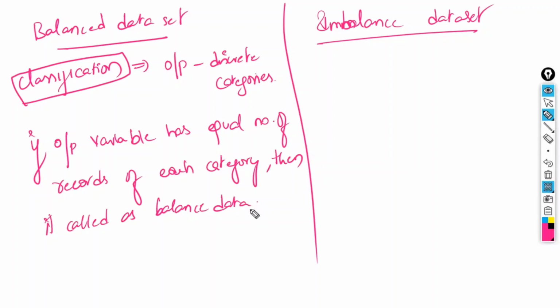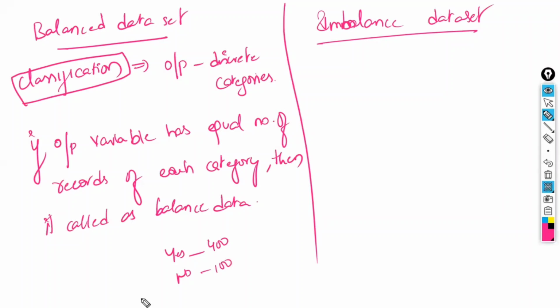Otherwise, it is called an imbalanced data set. For example, in the output variable, we are having two categories, yes and no. We are having yes of 400 records and no of just 100 records only. Then it is called imbalanced data.